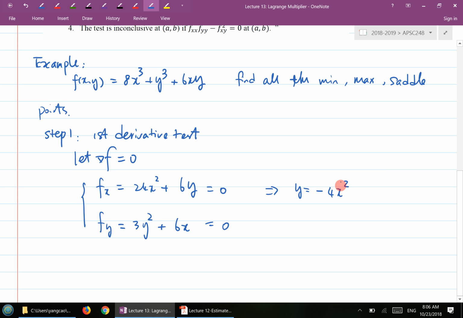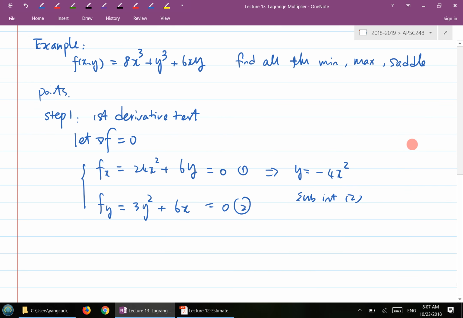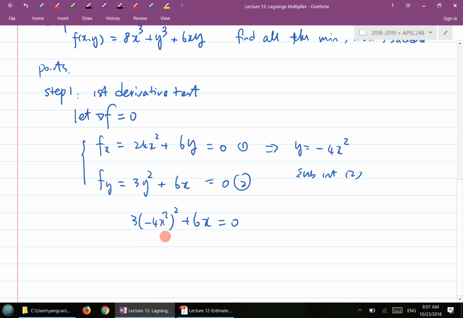Then we substitute this into the second one, and that gives us 3 times negative 4x squared plus 6x equal to 0. So this gives us negative 12x squared, which is 48x to the power 4 plus 6x equal to 0.